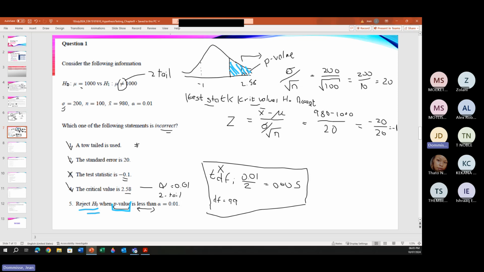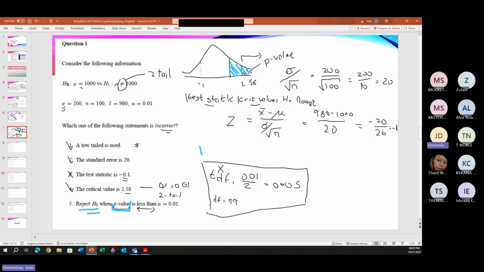So the two things that are important is when the T-stat is smaller than the critical value, we'll accept the null hypothesis.